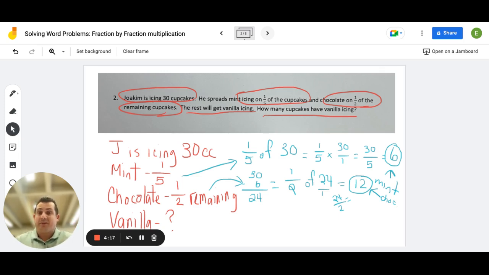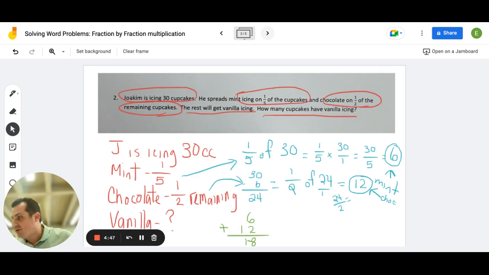And now it says the rest will get vanilla. Well, let's look so far. Okay? We knew there were 30 cupcakes altogether. I'm going to change this color. So if there were 30 cupcakes altogether and 6 were mint, 12 were chocolate, and I add them up, that's 18 cupcakes so far.